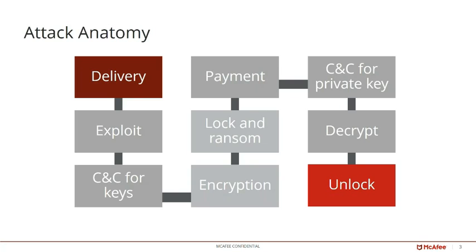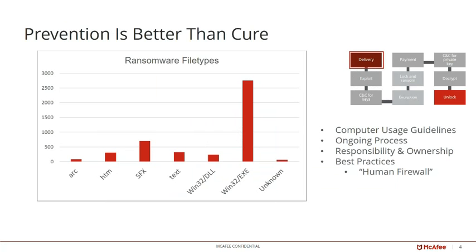So the key question really is, what is it that we can do? Before I start to talk about the technology aspects and the types of technology that we can put in place to address this, there is one area where you can make a huge difference without any technology at all, and that's the area of education.